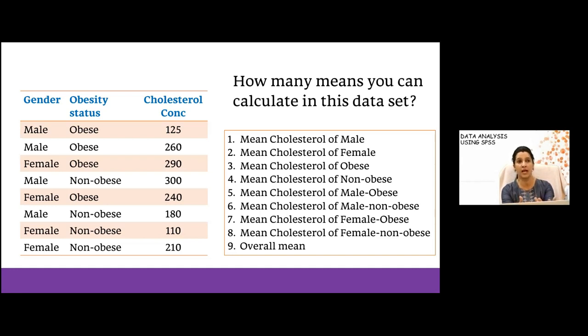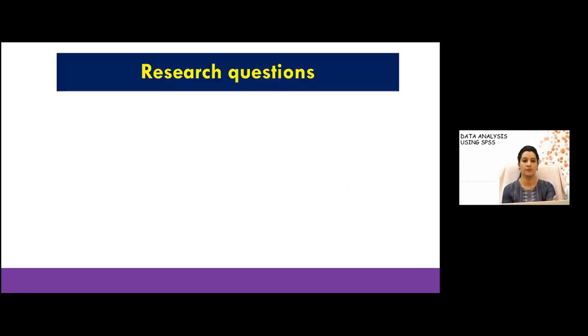Depending on the number of categories, you have a number of cells. So you have 4 combinations here, so the mean of all those 4 combinations, and then again an overall mean. So with this background, you can say that there are so many means, and once we see the output, you will see that you need to look very carefully at which mean it is reporting.